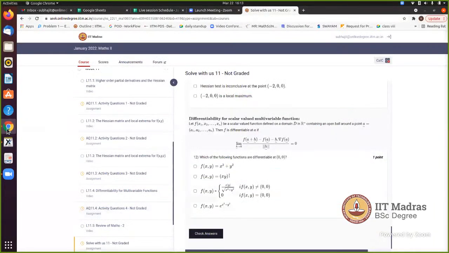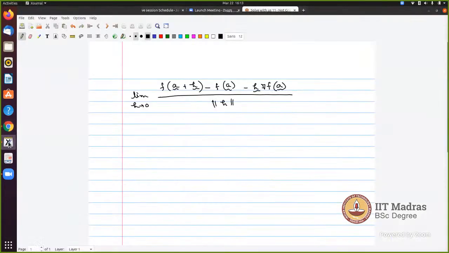Let me write it. Here all the functions are of two variables. So a is (a1, a2), and h you can take as (h1, h2).